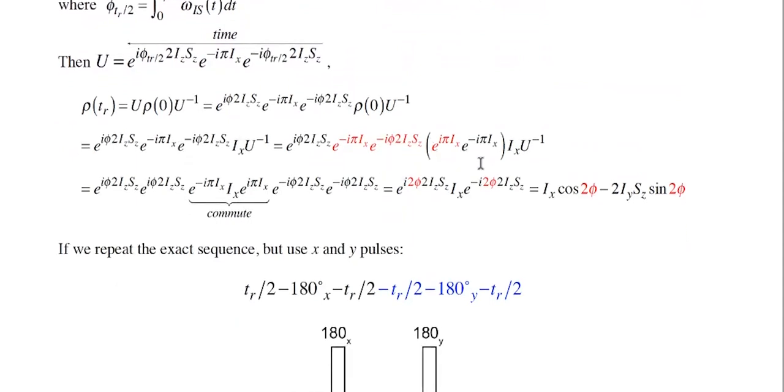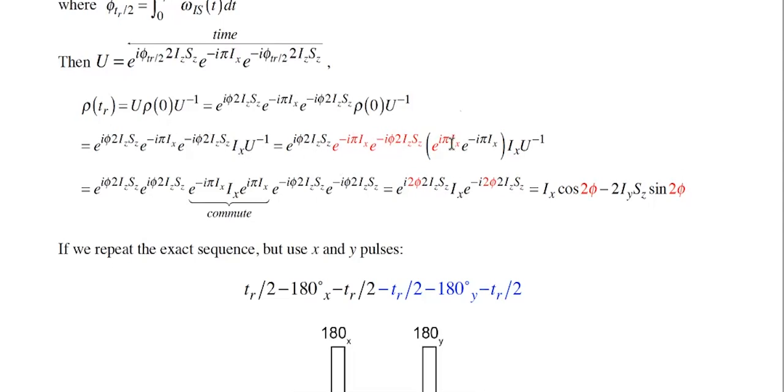What are these red things? This is a trick that we usually apply when we think about homonuclear decoupling sequences. What I'm doing here is inserting a unitary operator 1, by taking e to the I pi Ix times e to the minus I pi Ix. I insert that in front of Ix after these 3 terms.